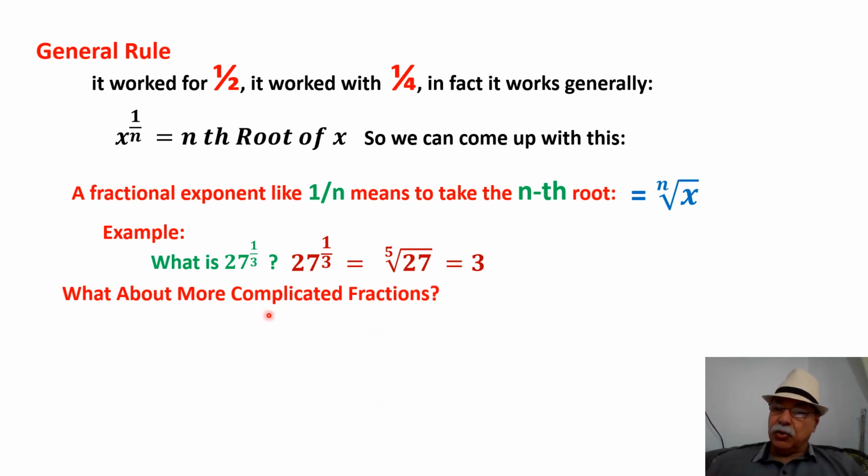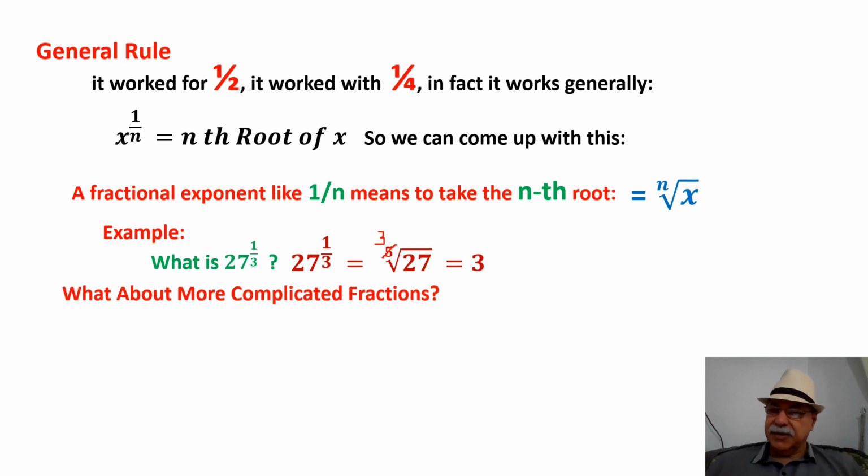What about a more complicated fraction? Now we get this, meaning as here 27 to the power of 1 over 3. Sorry, this is over 3. I am so sorry, my love, because when I write fast I forget to explain this.